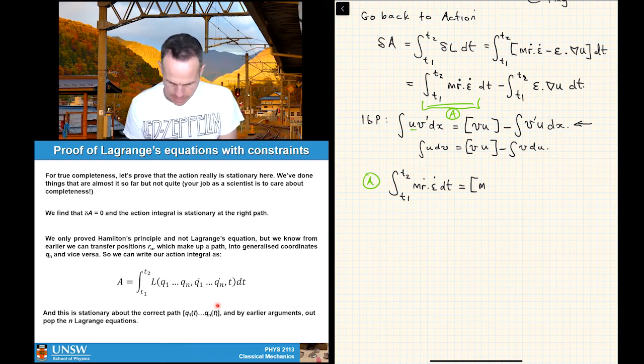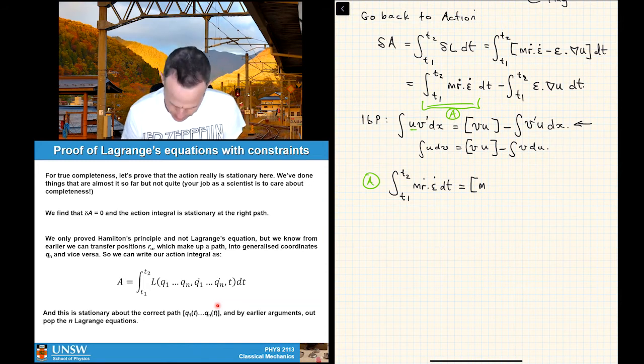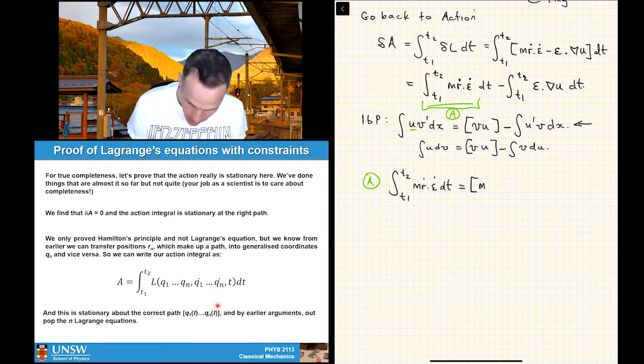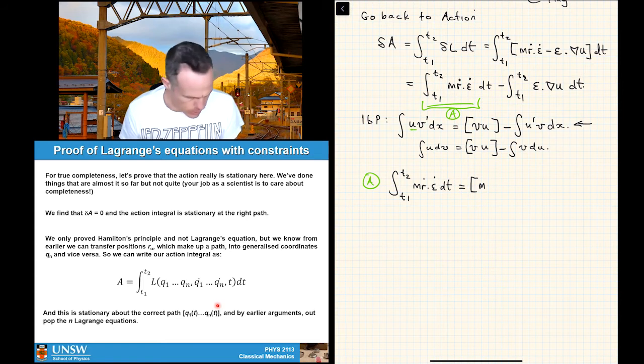here, and actually I've got something wrong over here. I've got these reversed, which I shouldn't have. It's going to be u dash v just here, sorry. So it's going to be m, my u here is going to become u dash.